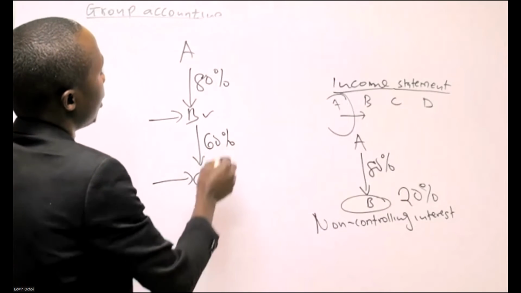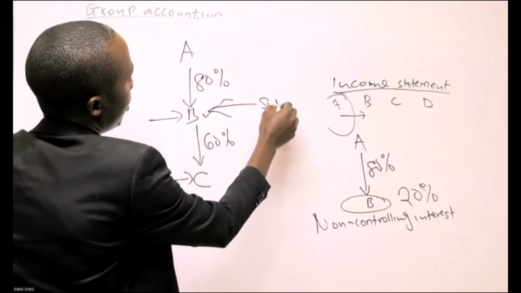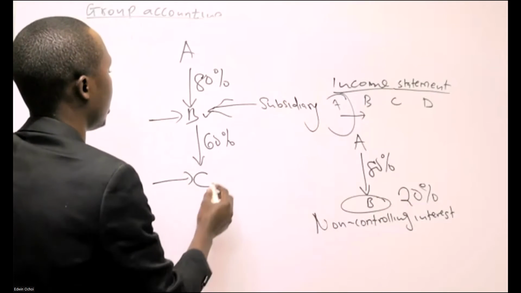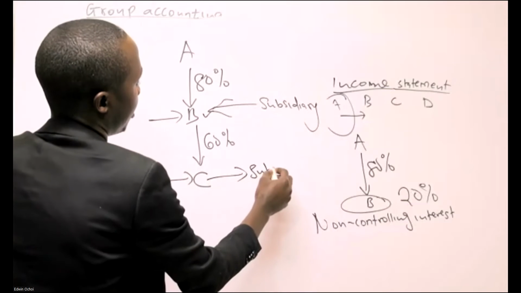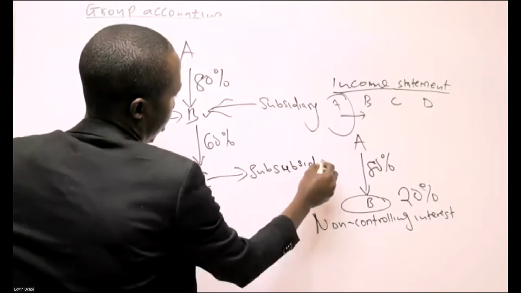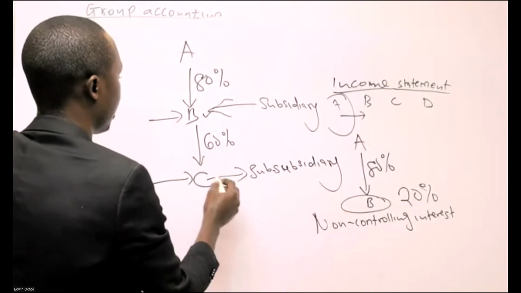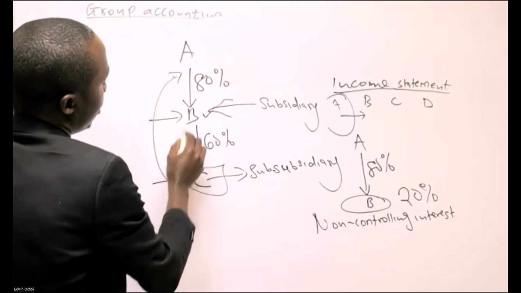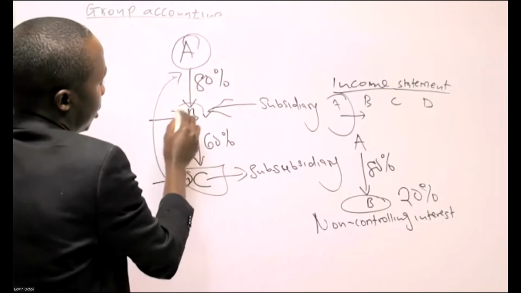So B is a subsidiary to A. Then C is also a subsidiary to A. C is controlled by A indirectly through B.